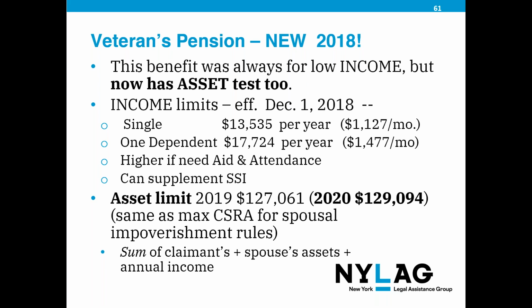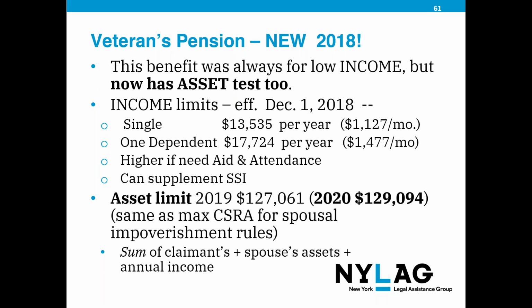So at least they're fairly high relative to what we're used to in Medicaid, 127,000 and change this year, going up a little bit next year. But this is the combined asset limit for the claimant's assets and their spouse's assets.